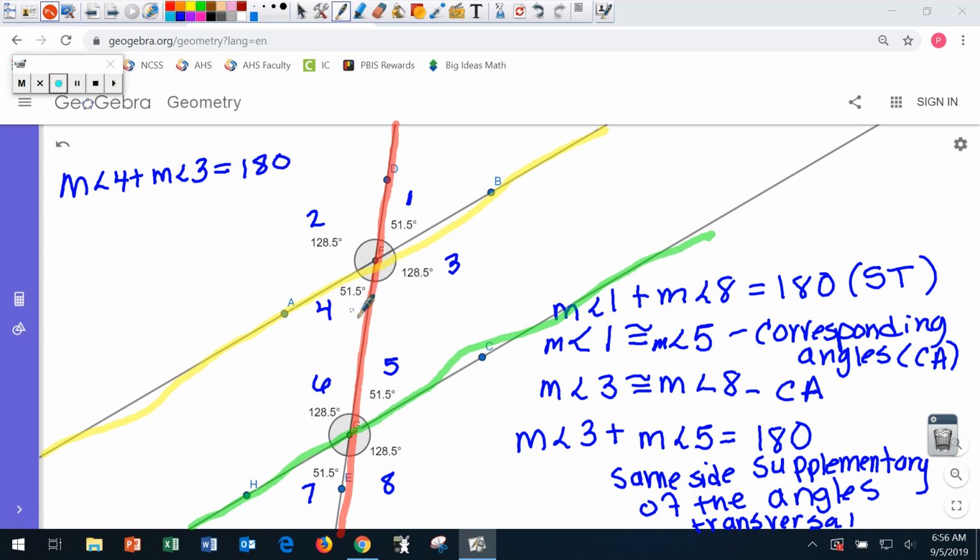And because they're right beside each other, that is called a linear pair. And we're going to call that for short LP, linear pair.